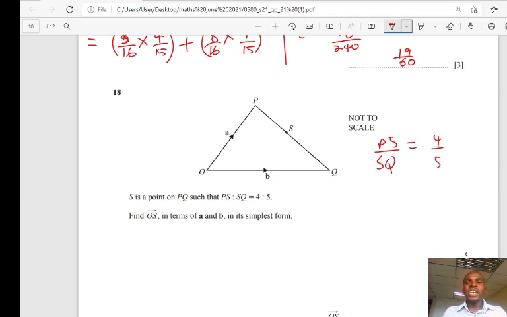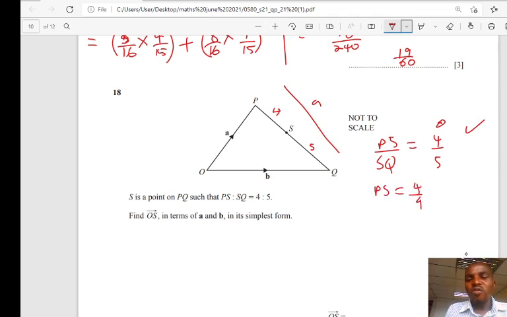So this ratio means PS is 4 units and SQ is 5 units, which means the whole line PQ is 9 units. Which means PS will be 4 over 9 of the whole line PQ. The same applies to SQ: SQ will be 5 over 9 of the whole line PQ. That's what it means.